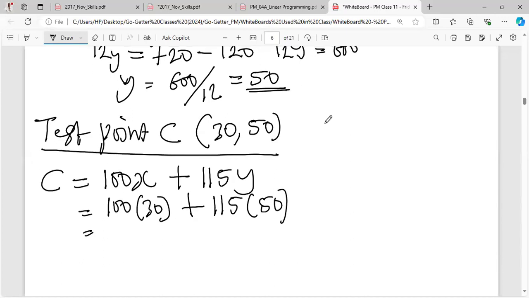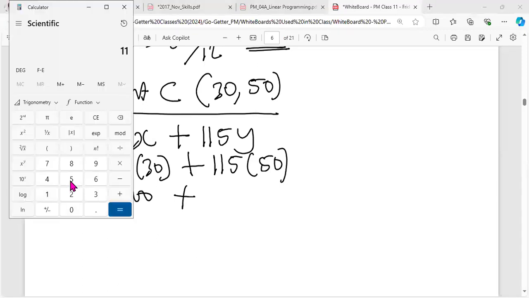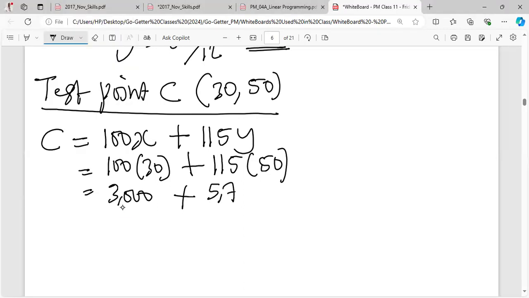So what do we have? 100 times 30 will give me 3,000. 115 times 50 will give me 5,750. When you add them together, it gives you 8,750.